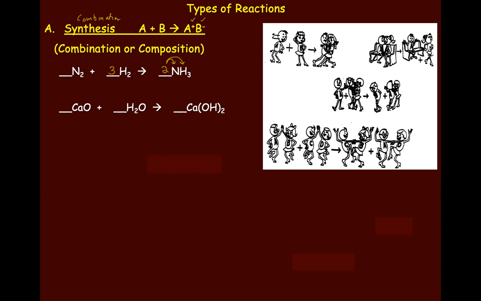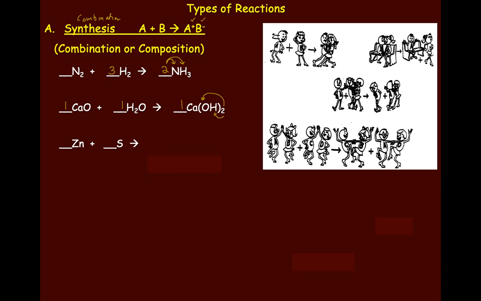See, there's two oxygens here together on the side, balanced by the two oxygens there. And now we have two hydrogens, balanced by the two hydrogens there. Whenever you have a polyatomic ion in parentheses, remember that the outside number goes for everything in the parentheses. So at this point you are balanced across. You can leave this the way it is, or if you want to put your ones in here, you can. You don't have to do that.